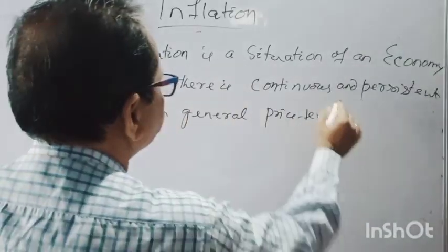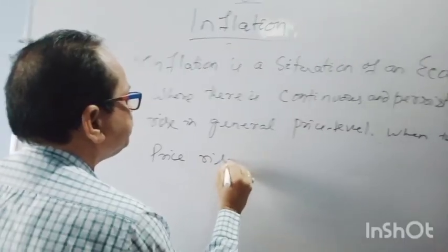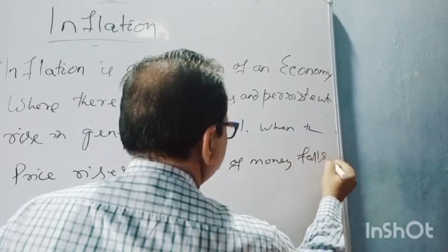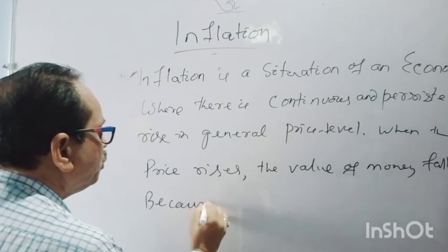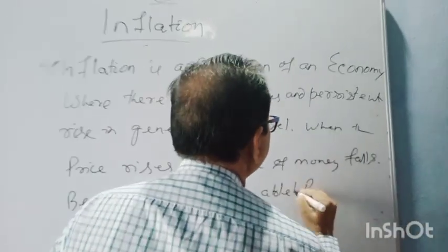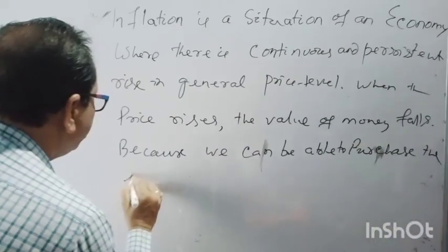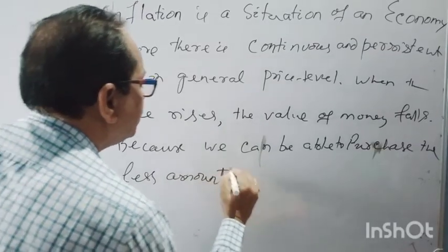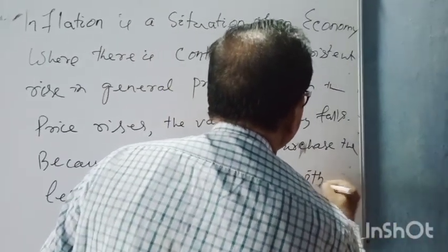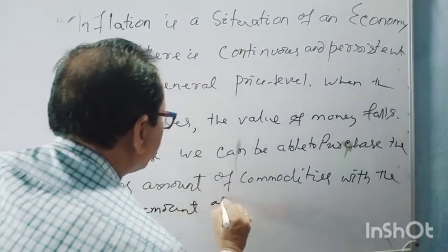When the price rises, the value of money falls, because we are able to purchase a smaller amount of commodities with the same amount of currency.